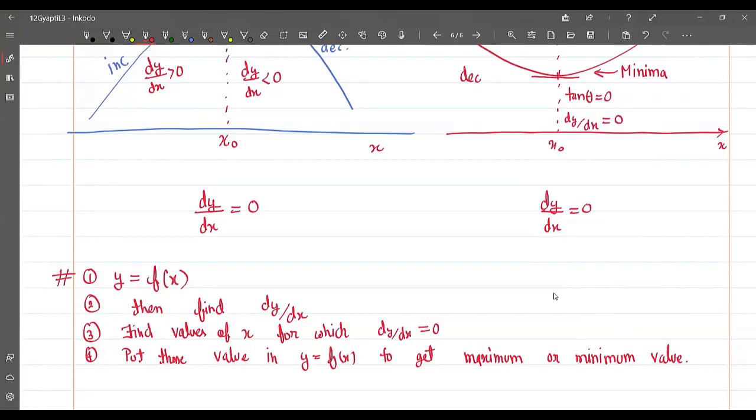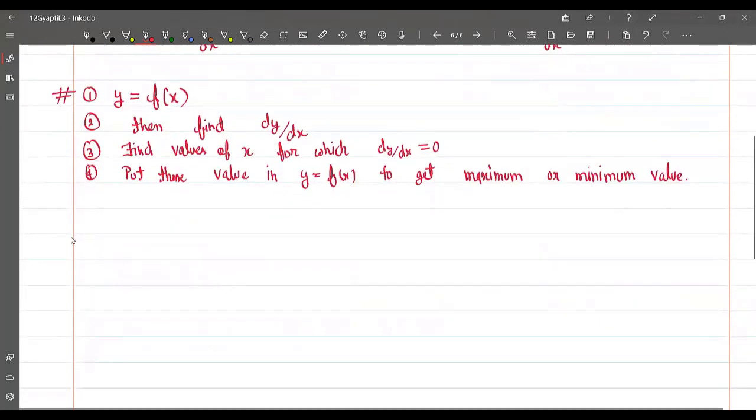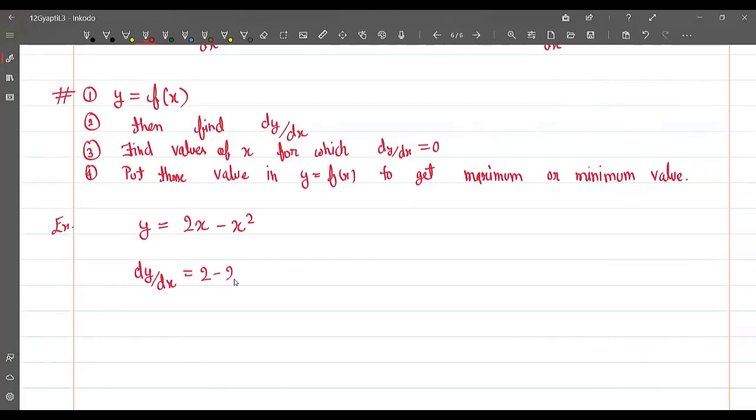These are the steps. For example, suppose y is defined like this: 2x minus x squared. This is also the equation of a parabola. So this function is already given. You will find dy by dx, that will be 2 minus 2x, or 2 into (1 minus x). Then you find the value of x for which this is 0.